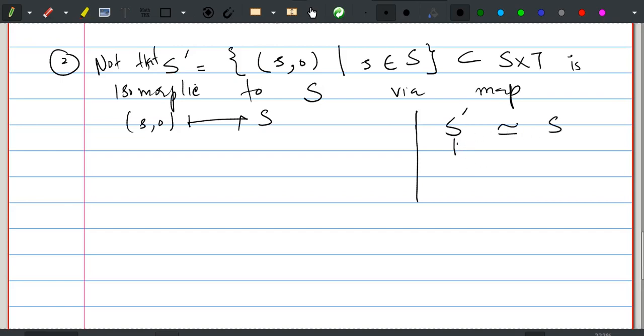Now this contains elements of the form (s, 0), two tuples whose second component is 0, and if we define a map from S prime to S, which sends an element of this form to s, we claim that this map, say phi, is an isomorphism. It is very easy to prove phi is an isomorphism, so it is left as a home assignment.